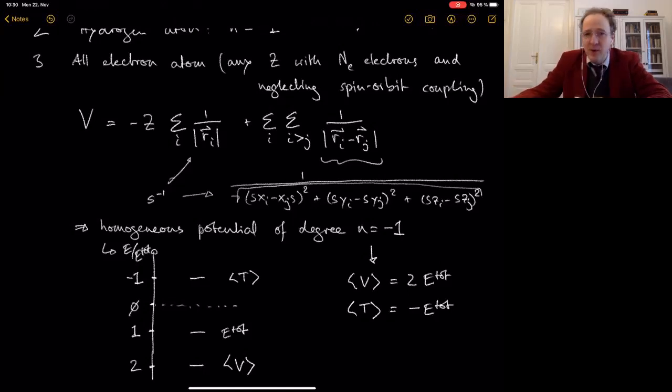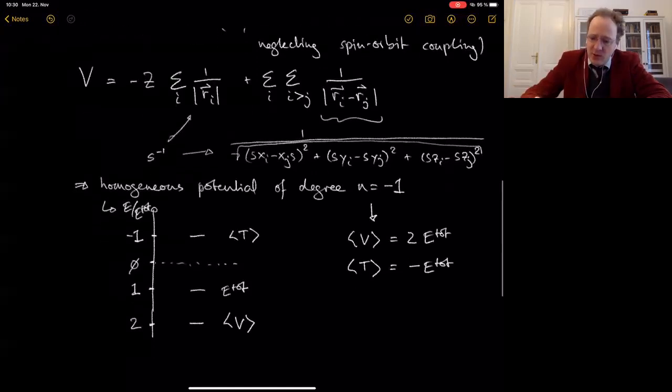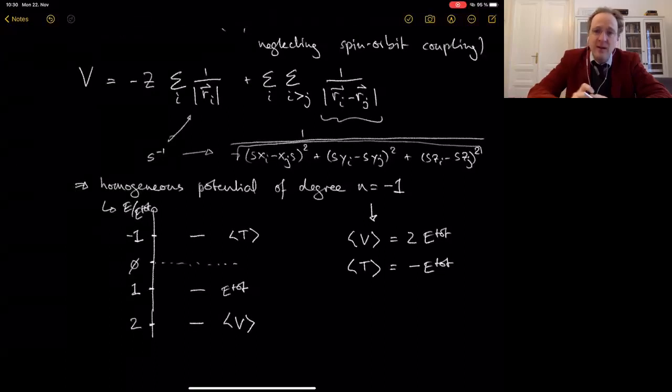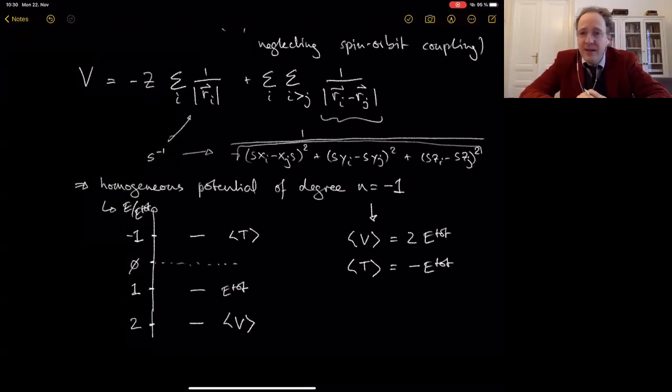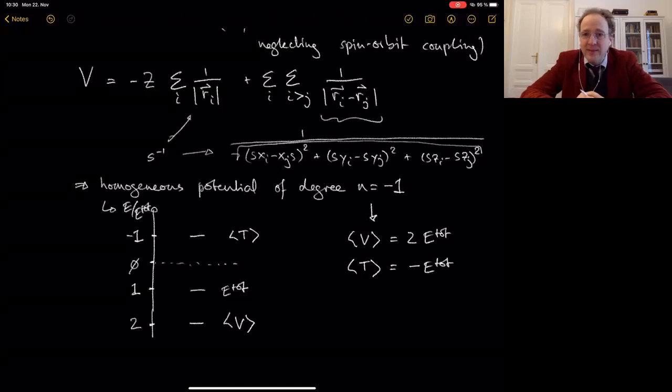It is important to note that there's no operator for chemical bonding. Right? The expectation value called chemical bond does not exist. As such, it's a concept.